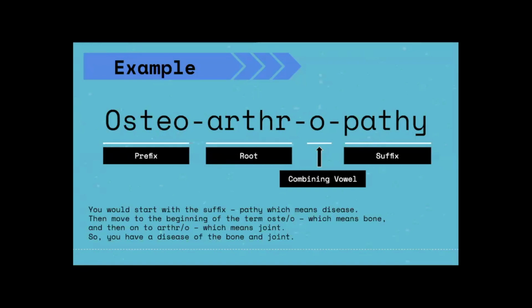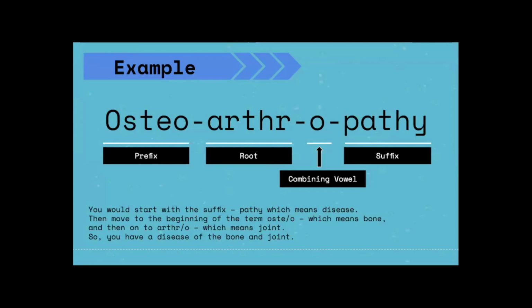Okay, bone. Yes, that sounds good. Osteo does mean bone. So if we're saying that this is the disease of the bones and joints, what do you guys think arthro means? Yes, it means the joints. And then pathy, I think we all have an introduction to what pathy means.